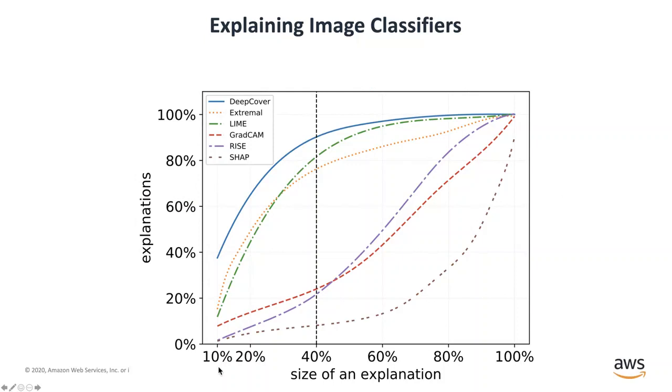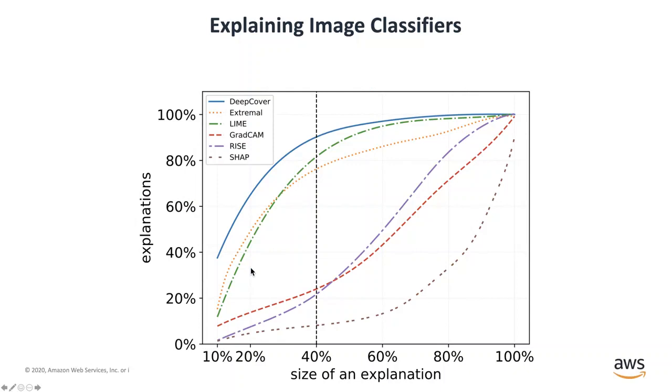What we see here is the size of the explanation, meaning how many of the pixels you have to put into the subset of the image before the neural network will classify your image with the right label. Obviously there is a point here where, if you give it the entire image, it will definitely classify it the way it does. And there's a point down here where, if you give it nothing, it would be highly surprising if it gave the right classification. And then there's something in between.